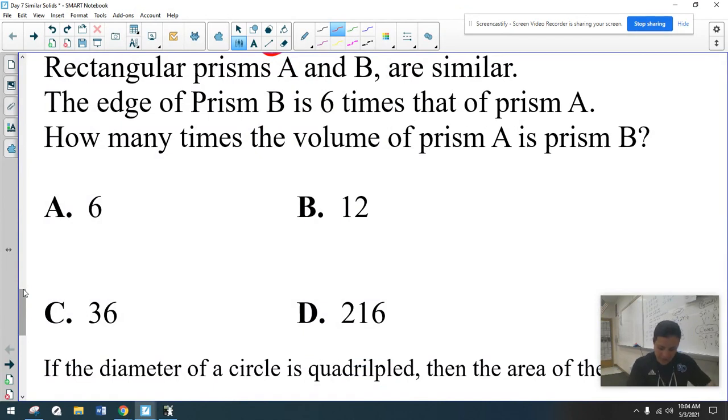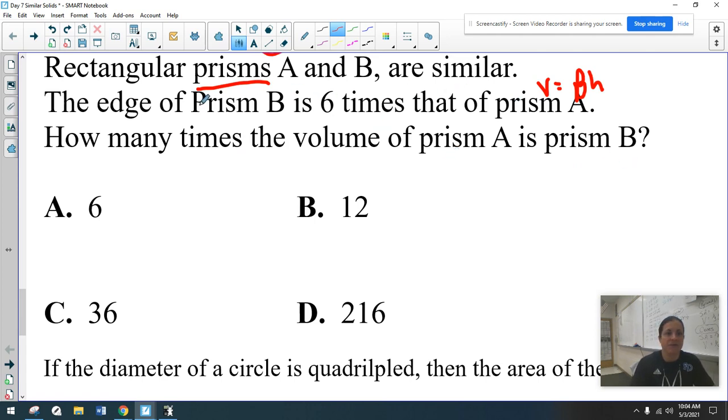Okay, next, the rectangular prisms. So again, I like to use the capital B times H for my volume. We actually have to for this one. It's not a cube. So the edge of prism B is 6 times that of A. How many times is the volume?